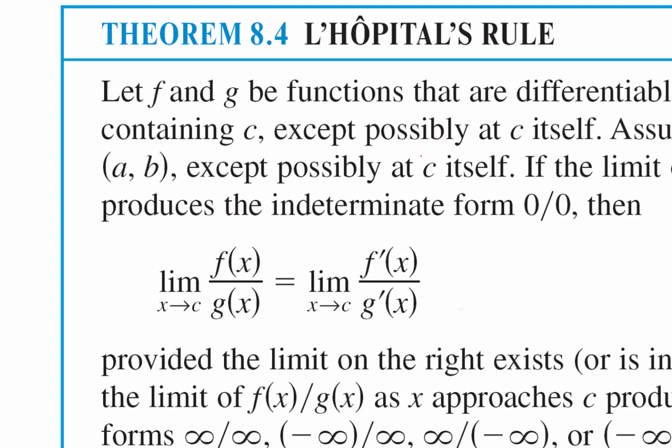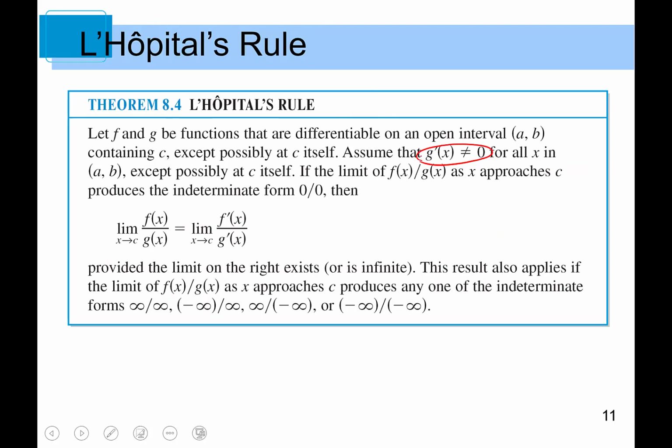The indeterminate form is not limited to 0 over 0. It could be infinity over infinity; either form will be good. Provided the limit on the right exists, this result also applies if the limit of f(x) over g(x) as x approaches c produces any one of the indeterminate forms: infinity over infinity, negative infinity over infinity, infinity over negative infinity, or negative infinity over negative infinity.